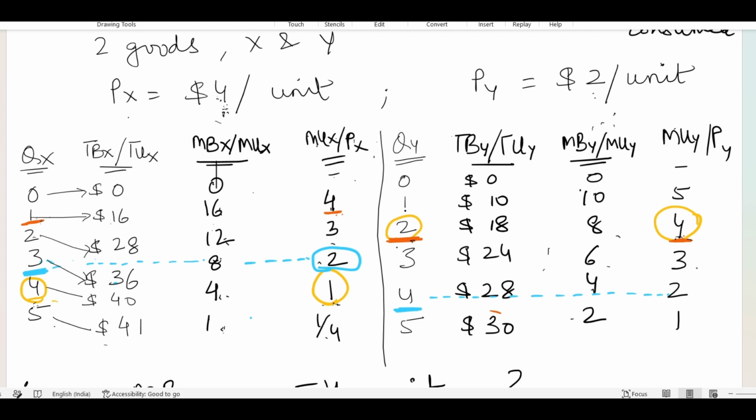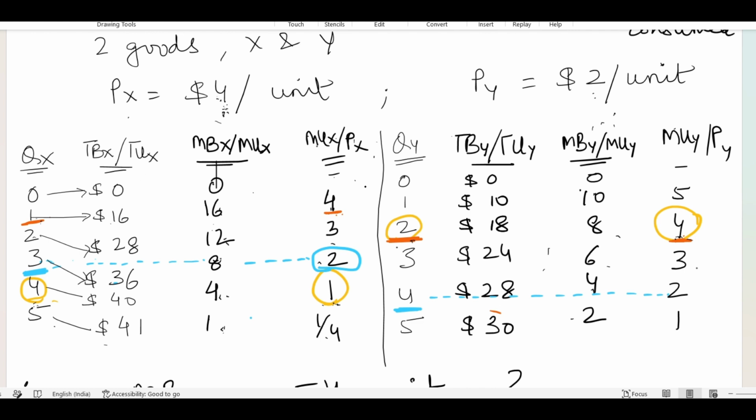But we also look at whether the consumption of those quantities, given the prices of the two goods, satisfies her total income or not. So the total expenditure by Anita should be exactly equal to the total income she has, which in this question is given as $20. The spend should not be less than 20, and it should not be more than 20.